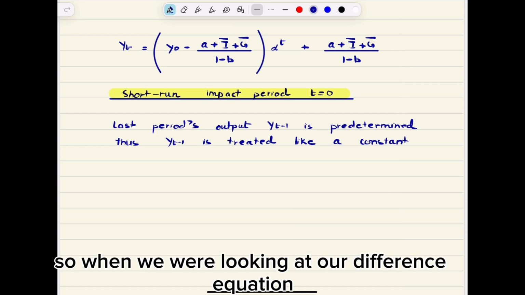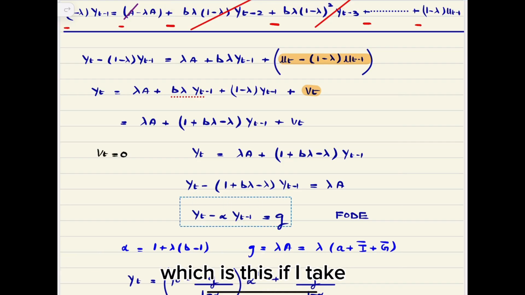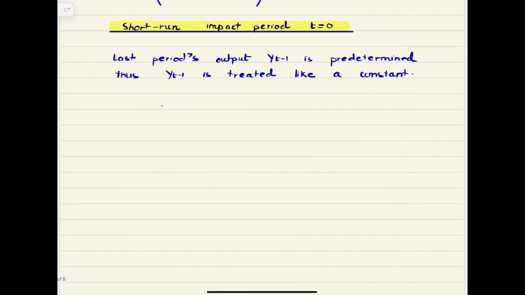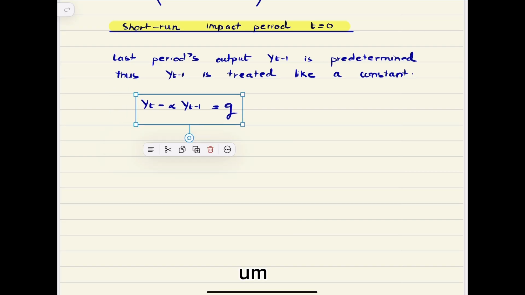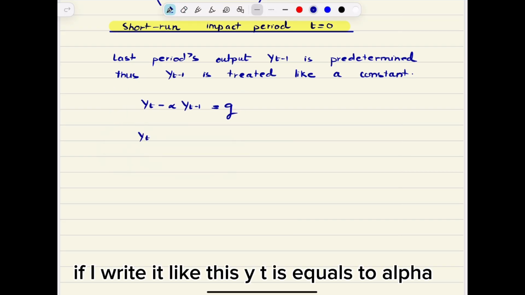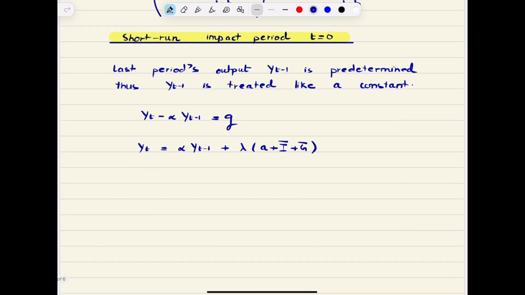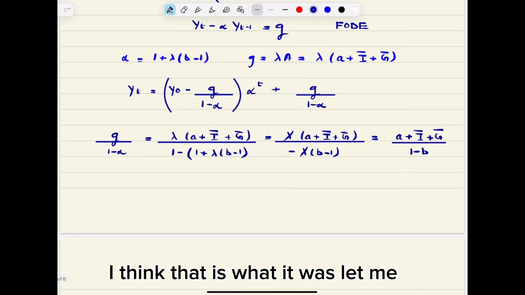So when we were looking at our difference equation, if I write it like this, y_t equals alpha y_{t-1} plus g, which was lambda a plus I bar plus G bar. I think that is what it was.